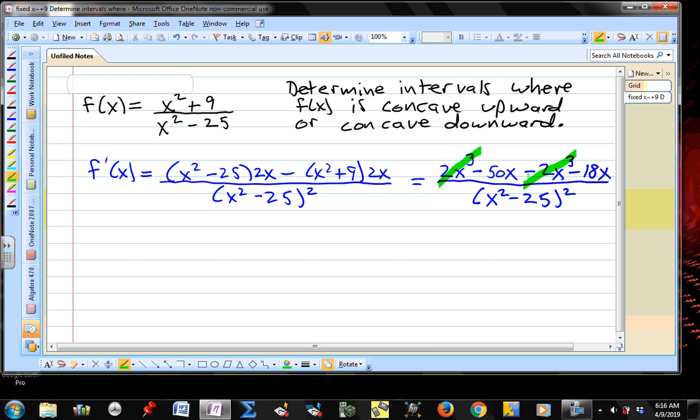See that we have some terms that eliminate each other, so we'll have negative 50x minus 18x remaining.